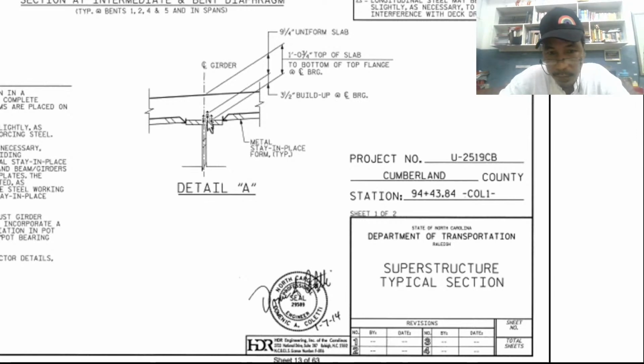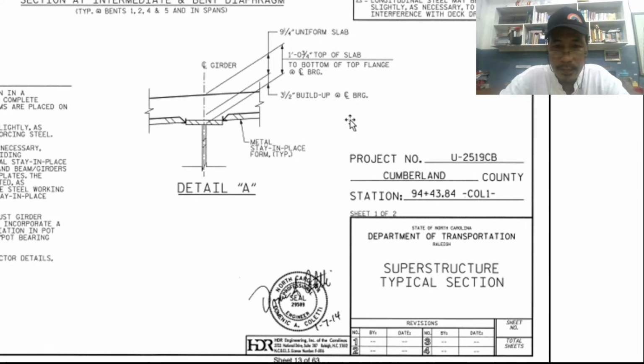So there is a 3.5 build up here. Okay, then what is this? This is the end of the flange. This is the start of stay in place formwork. Okay, metal stay in place formwork. This is the metal stay in place formwork. So one to the other side and one to the other side.